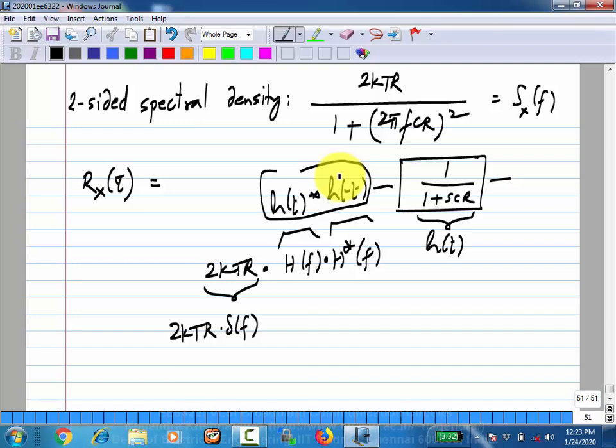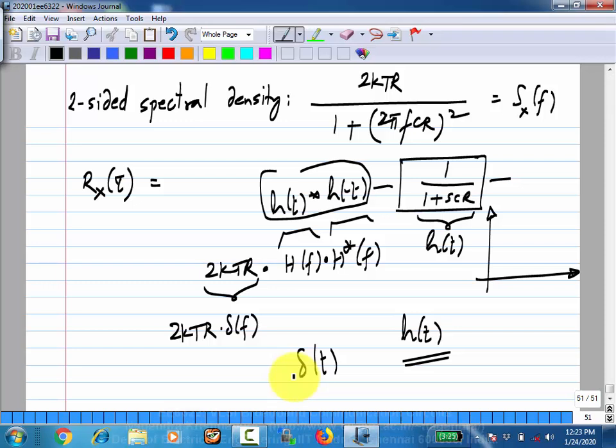So what is h of t corresponding to this, with the scaling factor? What are the dimensions of impulse response? What are the dimensions of an impulse? Frequency.